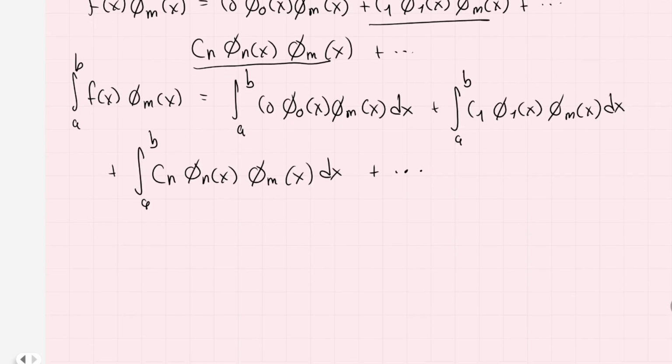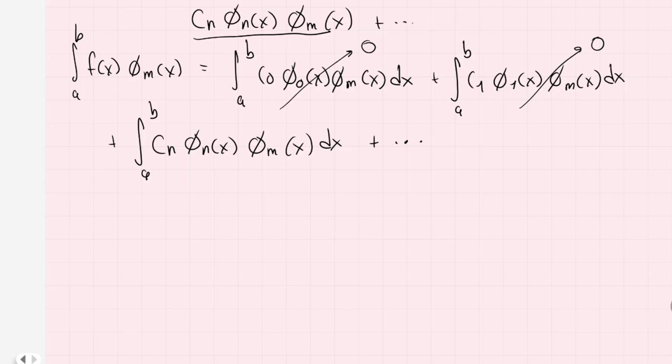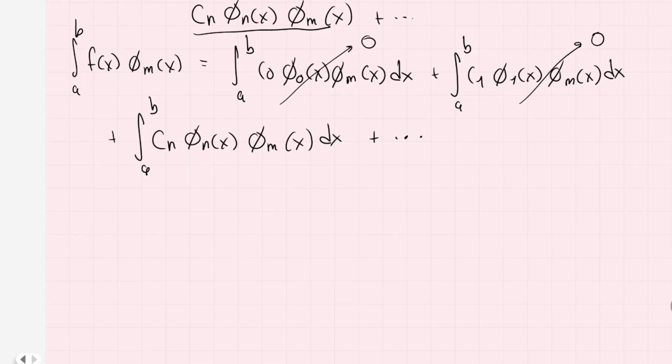Okay, so looking that these functions are orthogonal, well, we know that if these functions are different, well, the inner product is going to be equal to 0. Okay, so this is 0, this is 0, and actually this is going to be equal to 0. But we are going to have a term on this whole development that corresponds to the term when n is equal to m.